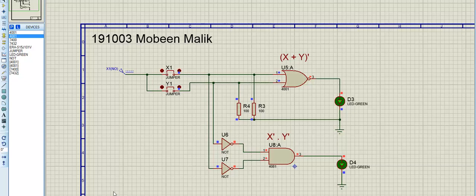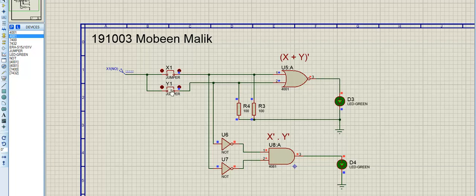This circuit in front of you is the implementation of the first De Morgan law. These components represent the left hand side of the equation, while these components represent the right side of the equation. X plus y: here the first input is x and this is the second input y. They come to a NOR gate which then gives out (x plus y) complement.